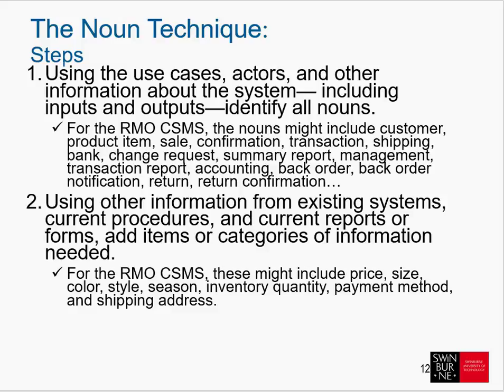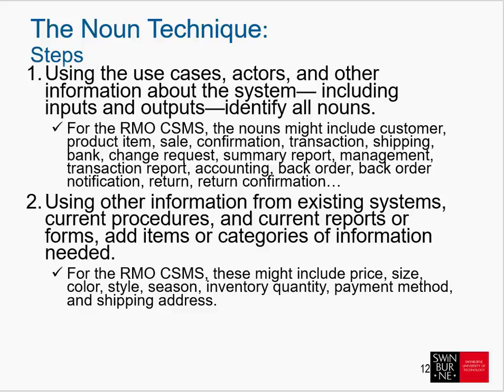Now, in our Ridgeline Mountain Outfitters case study, the consolidated sales and marketing system, the business analyst, as you saw in the previous example, perhaps included all these nouns: customers, product items, sales, confirmations, transactions, shippings, banks, and so on. So everything has been included in his list.